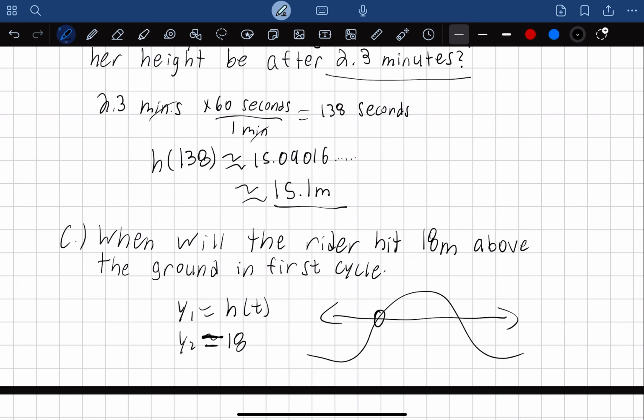Here, this intersection point is about 21.1449, and then of course 18.